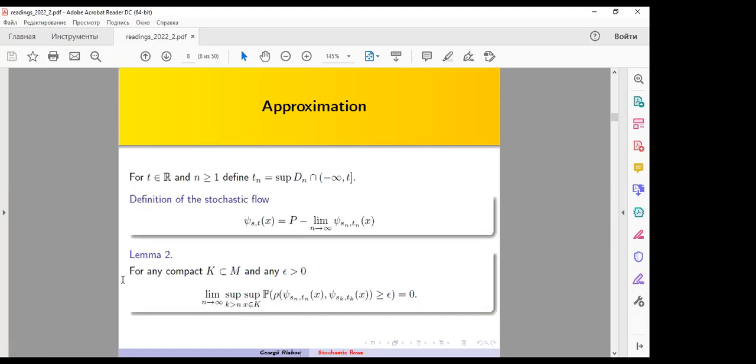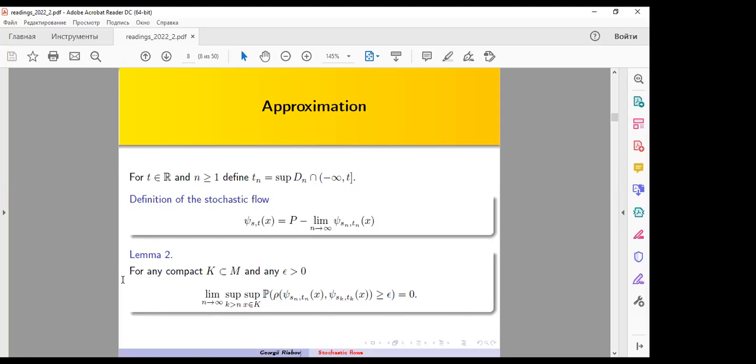Now fix t and define Tn as an increasing approximation of t by dyadic numbers, and psi st will be defined as the limit in probability of psi Sn Tn. This limit exists. Actually, it is uniform on compacts, which follows from lemma 2, and lemma 2 in turn follows from lemma 1, since we can approximate rho.